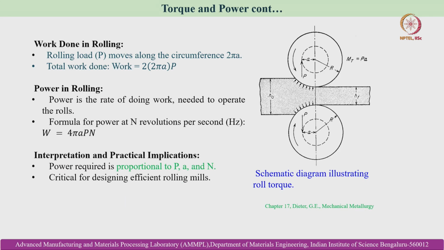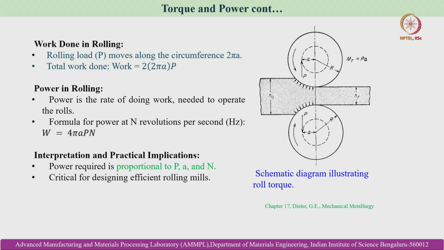Okay. So then, work done in case of rolling. The rolling load P moves along the circumference 2 pi A, because this is the distance of the moment arm, that is A. So, the total work done is equal to 2 pi A into P, the rolling load, which is multiplied by 2.